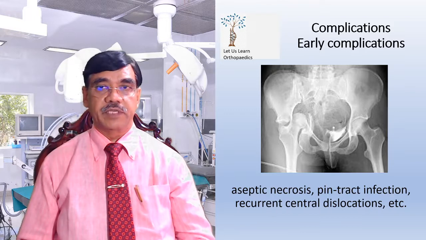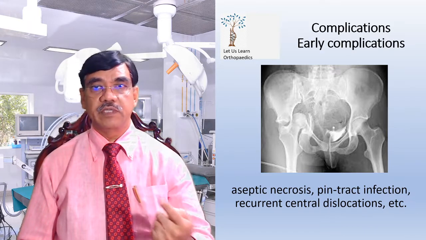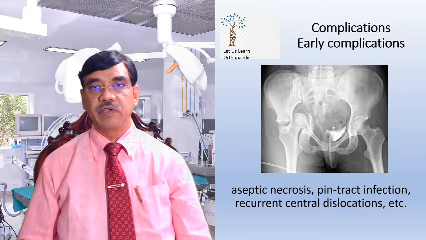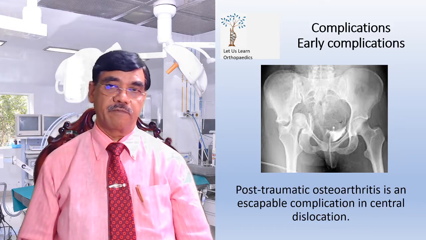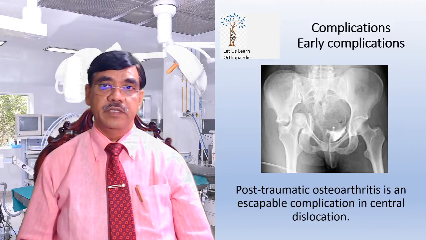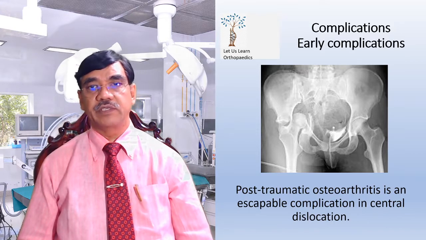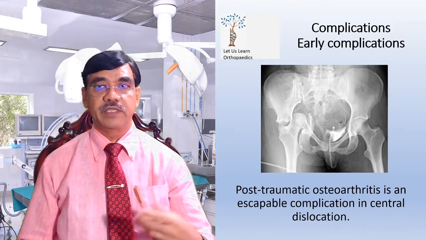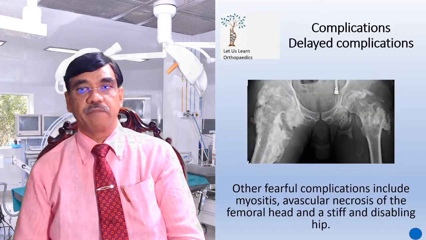There could be aseptic necrosis of the femoral head, pin track infection because of the central pin traction we are putting in the neck of the femur, and recurrent central dislocation. Post-traumatic osteoarthritis is an escapable complication in central dislocation if you manage it on an urgent basis, reducing the acetabular cavity properly.